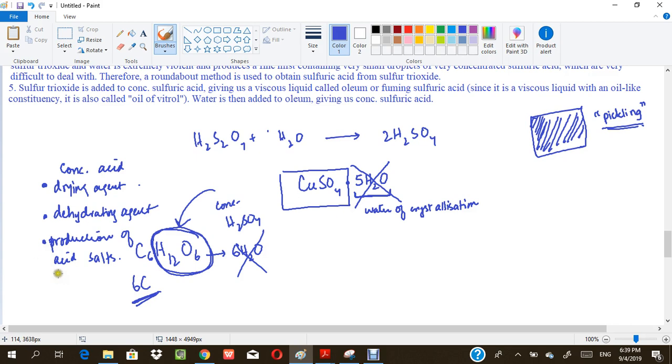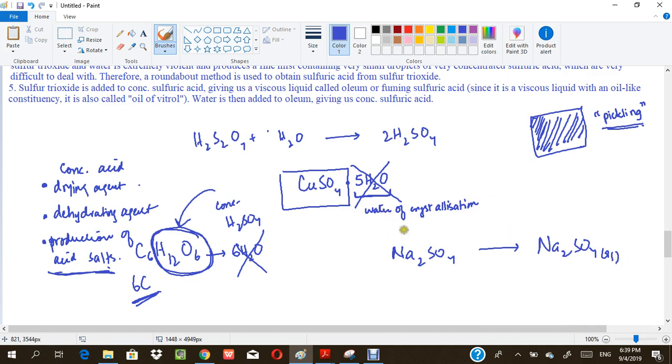Now, what is an acid salt? A normal salt, when you dissolve a normal salt in water, more or less it gives you a neutral solution. For example, we have sodium sulfate. If I dissolve sodium sulfate in water, I'm going to get an aqueous solution of sodium sulfate, and it's going to be neutral, right?